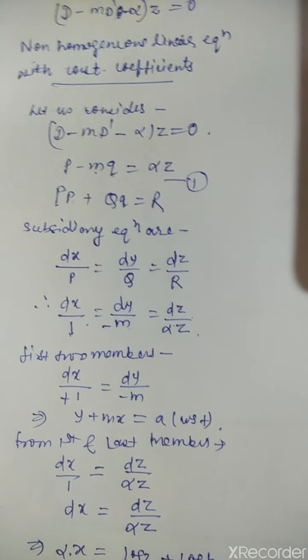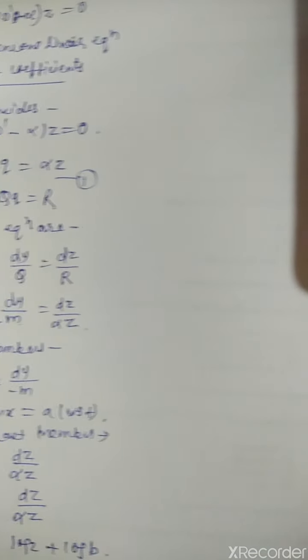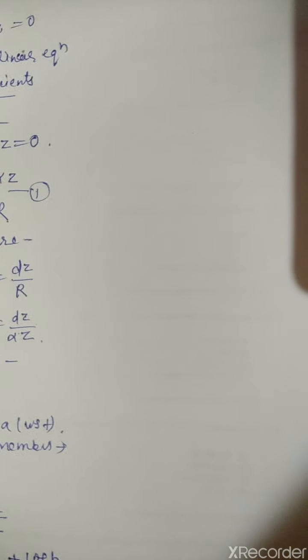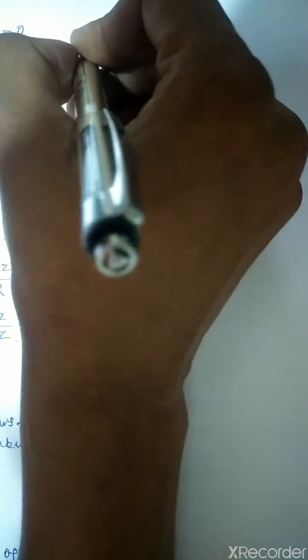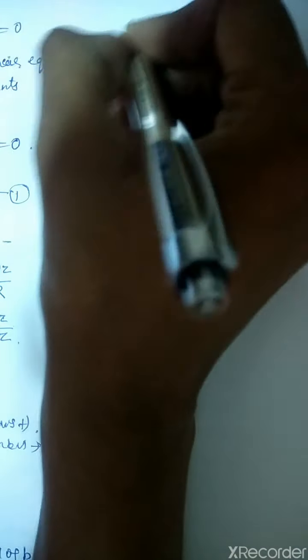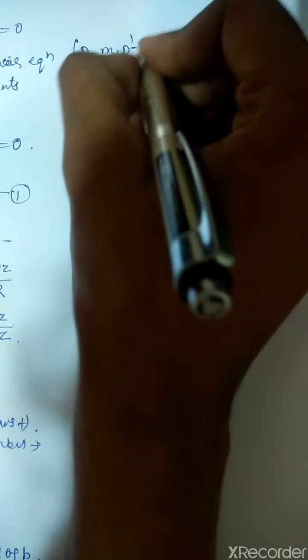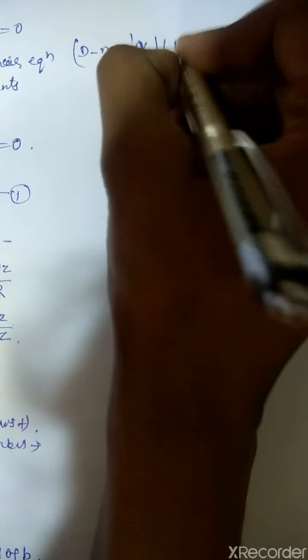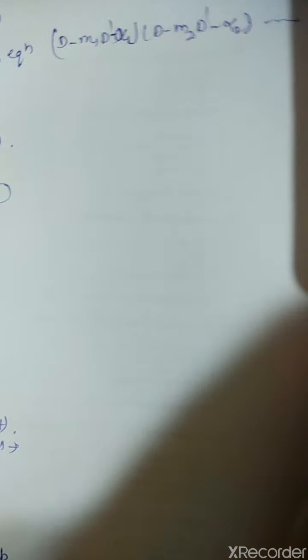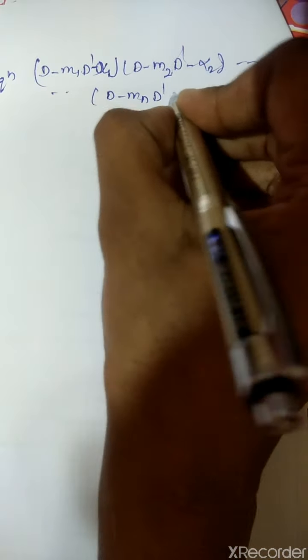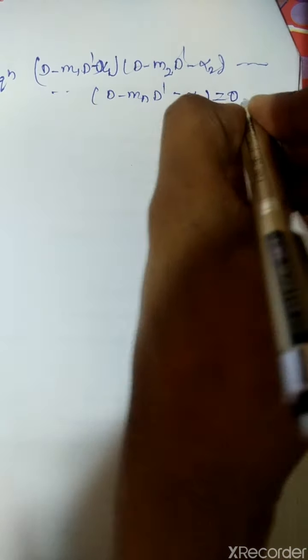Fine. So let us see in the extended form what we get if we have an equation of the type, in general, (D - m1 D' - alpha 1)(D - m2 D' - alpha 2) and so on up to (D - mn D' - alpha n) z = 0.